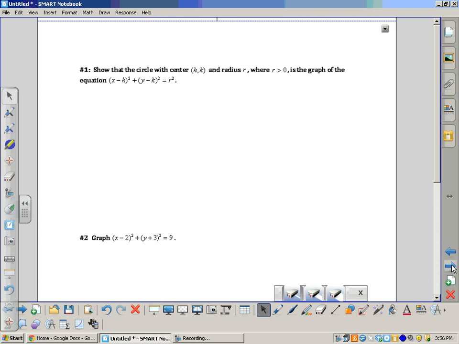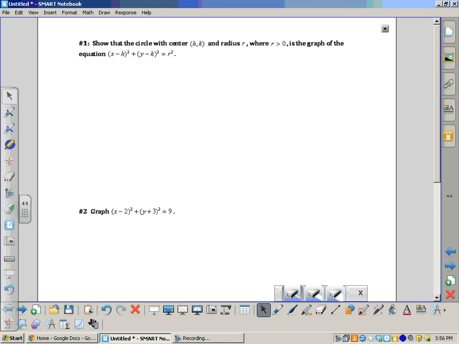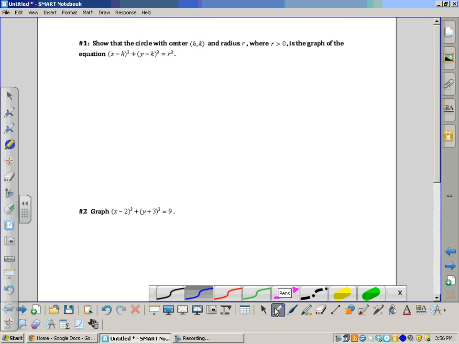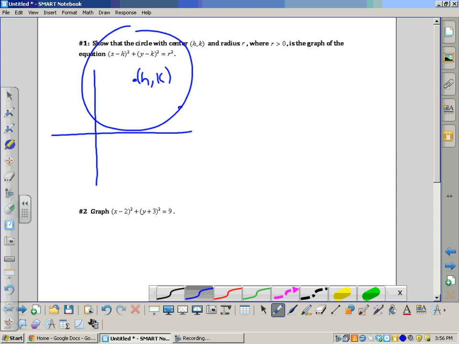So let's pick point h comma k, and that's going to be our center. And let's draw in a circle, and we'll call this point x comma y. There's our picture.